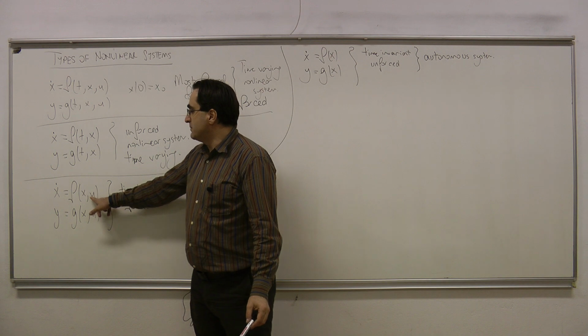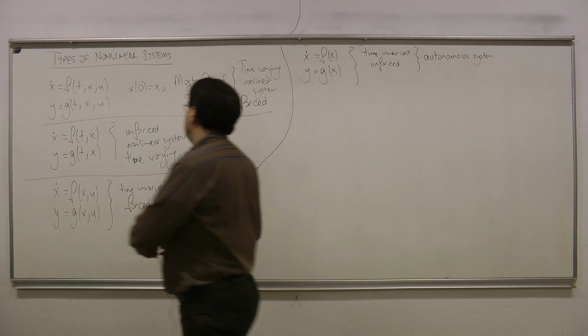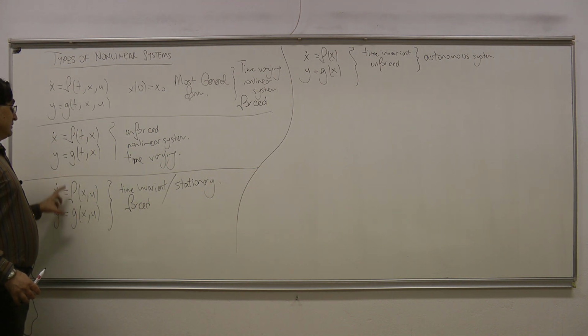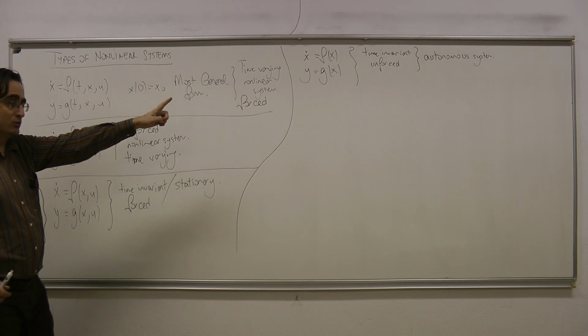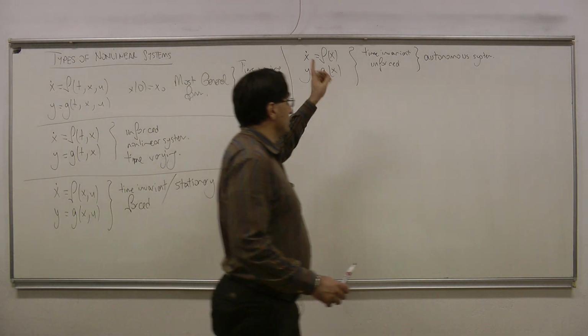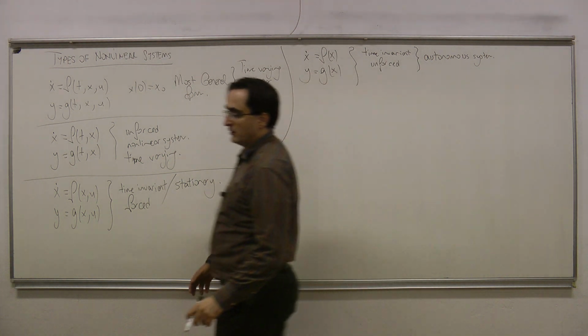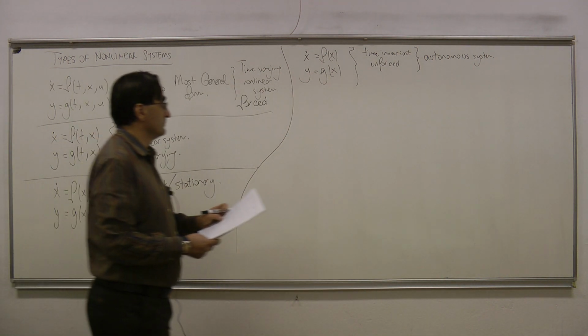If you set the input u to a constant, then you remove the u dependence from the system. And in that case, you can actually turn such a system into an autonomous system of that type by using always a constant input. Okay? And that is going to be a remark that we are going to write here because it's going to be useful later for us.